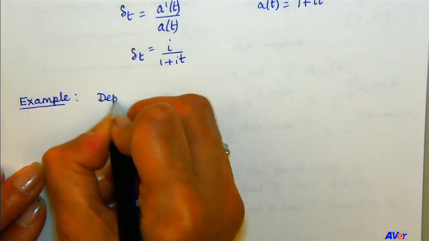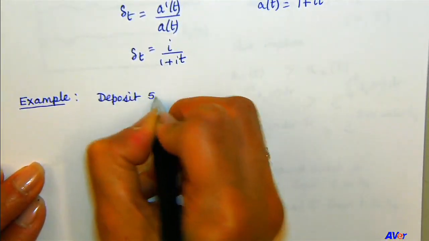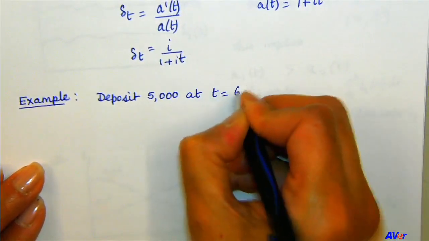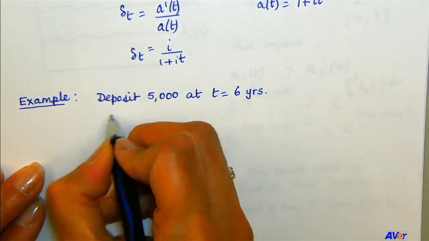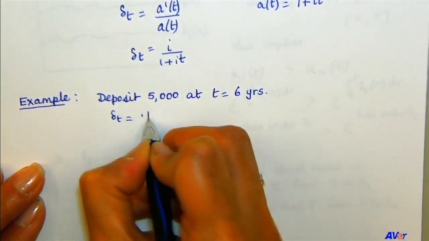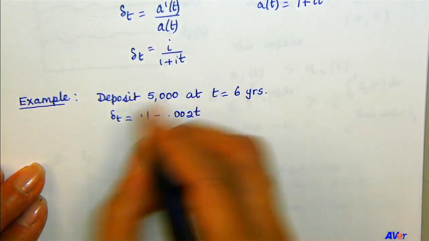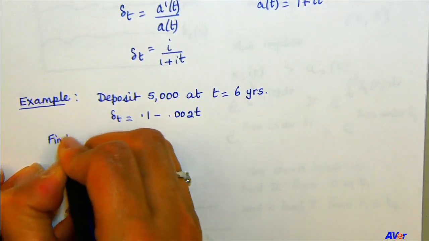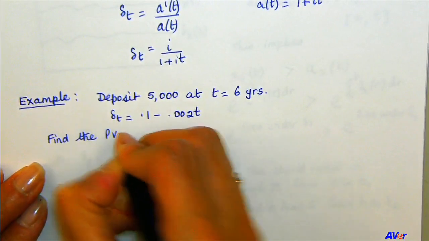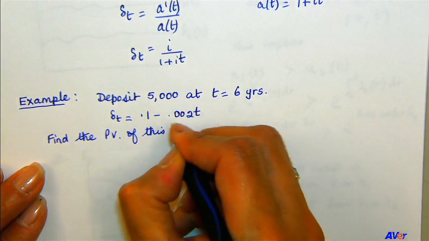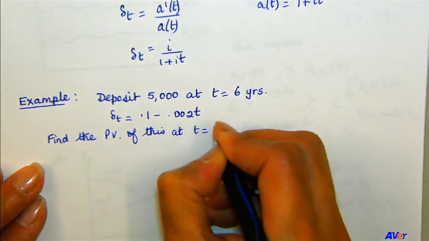Deposit 5,000 at t equals 6 years. Delta t is given by 0.1 minus 0.002 t. Find the present value of this at t equals 3 years.